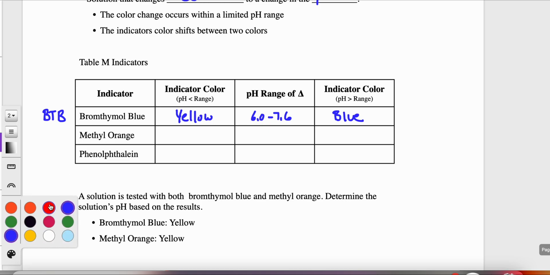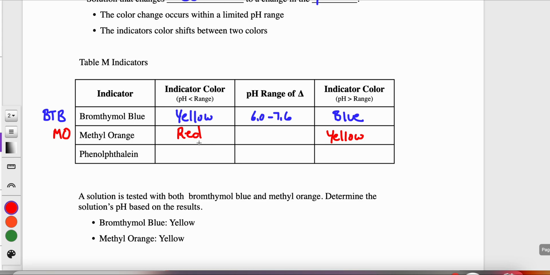Another example is methyl orange. In our labs, we'll see it labeled as MO. Methyl orange, based on its name, is a bright orange color. When it is put into a solution, it will exhibit two different colors. At the lower pH value, it will turn a bright red, and at a higher pH, it will exhibit a yellow color.